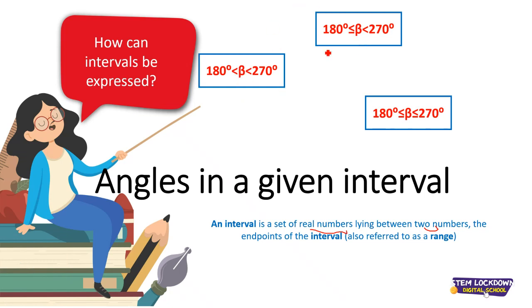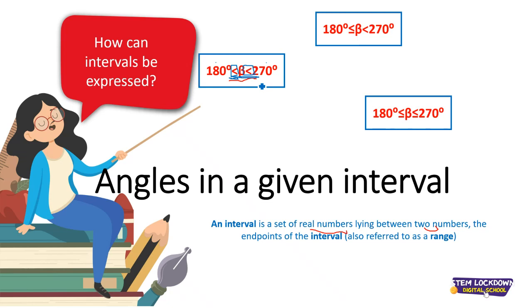Guys, the expression is different, because if you pay special attention to your signage right in there, you're going to find that this interval excludes the 180 and the 270, because it says that beta is more than 180 but less than 270, and excludes them.